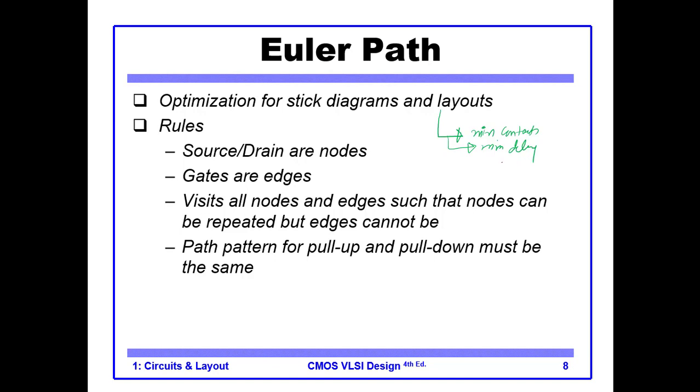Minimum delay means your circuit is fast. It also translates to minimum power consumption. So basically it optimizes the layout to give you enhanced electrical properties. So what is the Euler path or Euler graph?